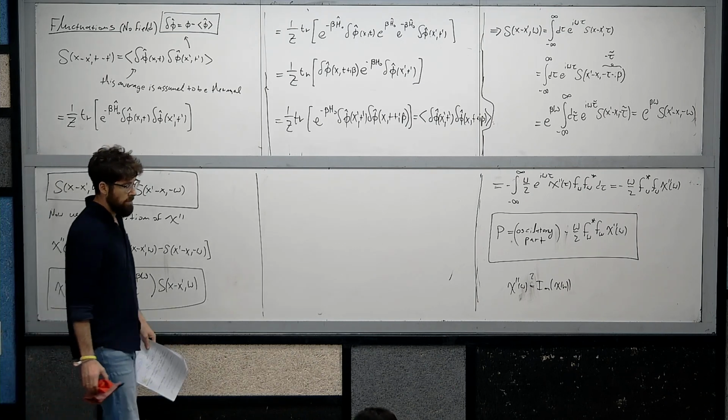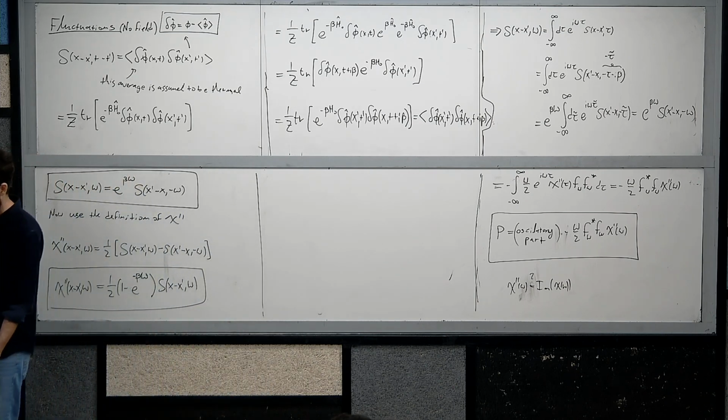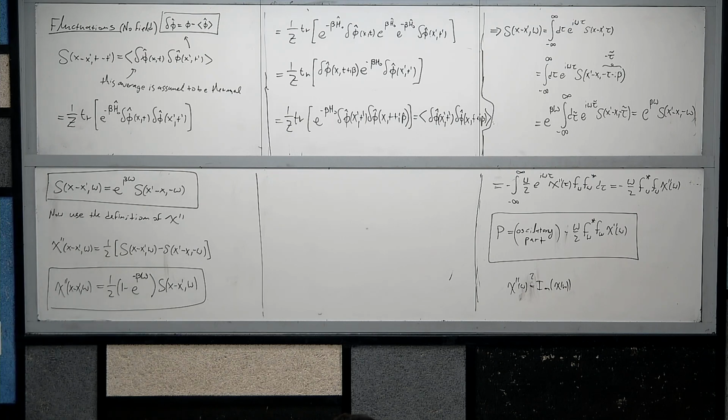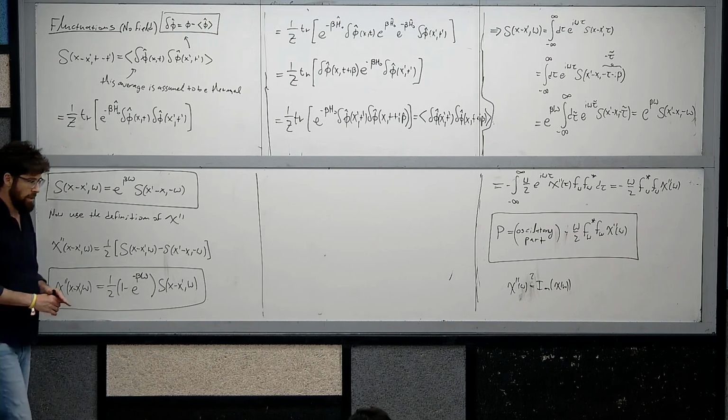Okay, so can I ask a question? Yes. So in the proof, when we define chi double prime by the commutator of phi interaction, but here you have the commutator of delta phi not interacting. Yeah, but they're the same thing. Let's focus.